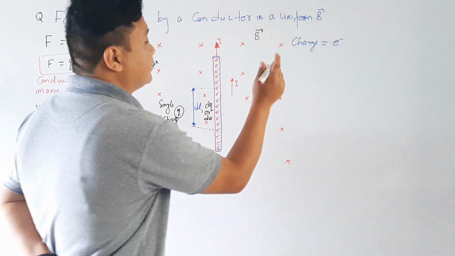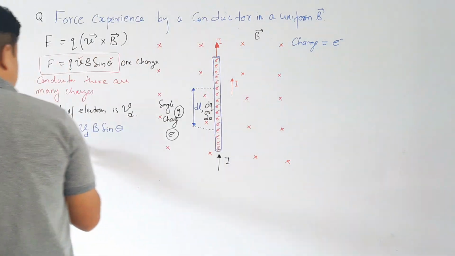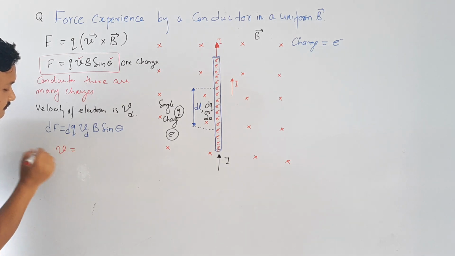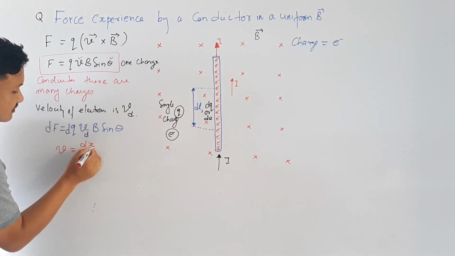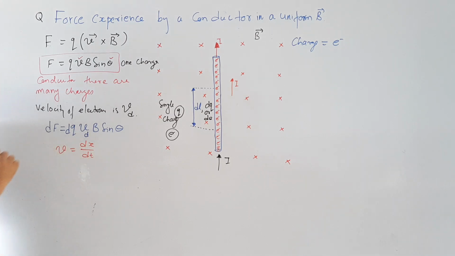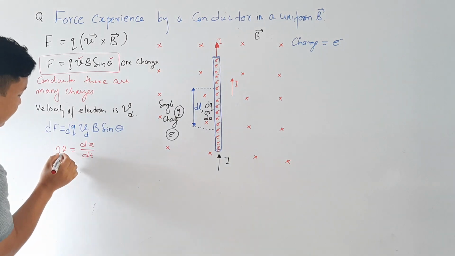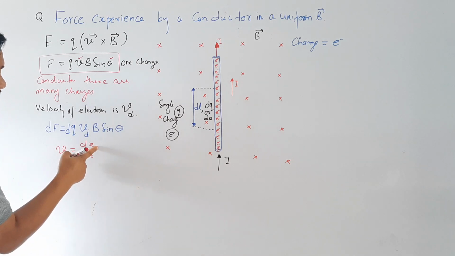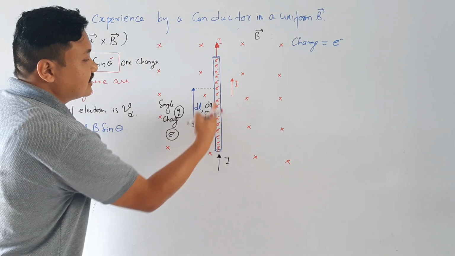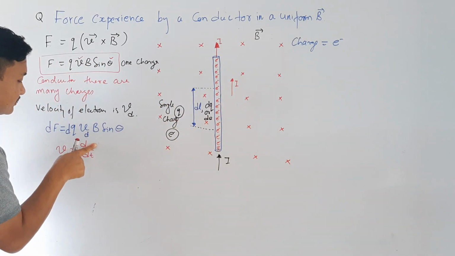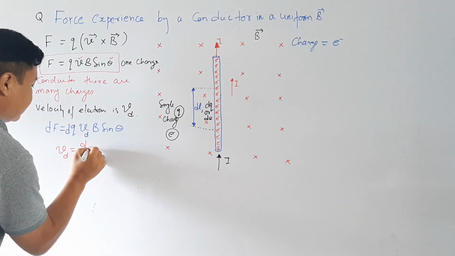We know velocity v is equal to dx by dt, the rate of change of position. But here I have to write vd, and instead of dx, how much distance is covering here? dl. So I will remove dx and write dl.